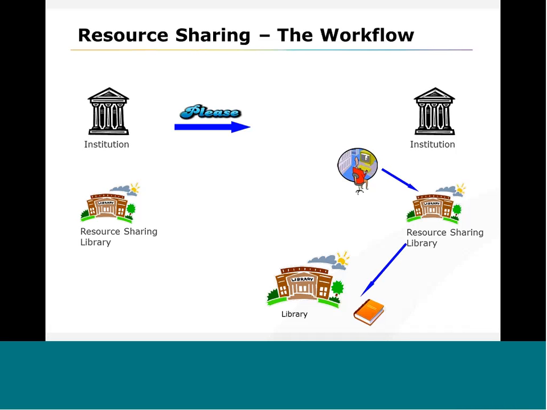So an operator sitting at the resource sharing library of the lending institution gets notification that a request has been submitted into his system. So the operator knows there's a request in here, and what to do is find out whether there really exists a resource that may be used to fulfill this request.